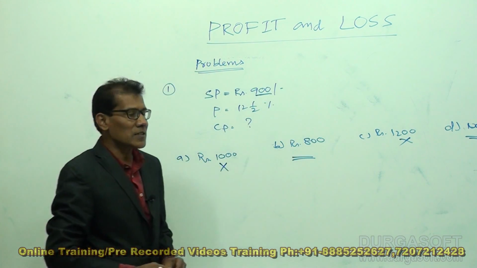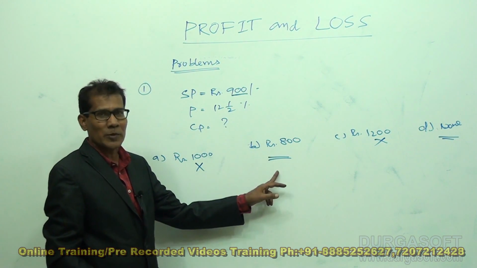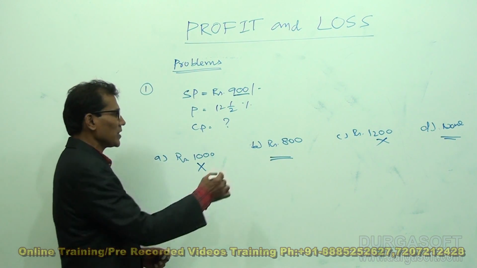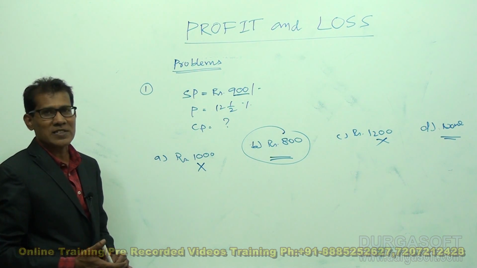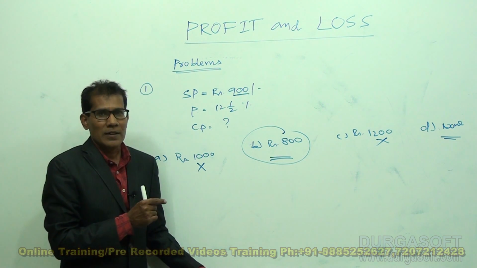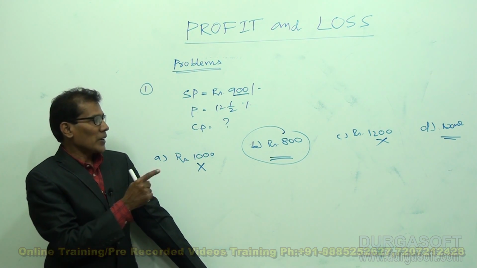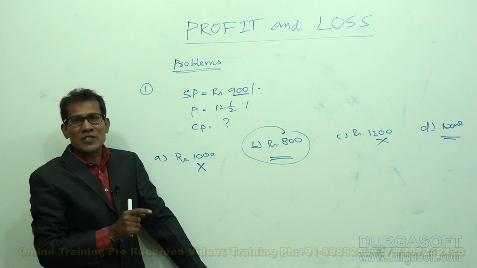So in this case, we just cross check with 800. If this is matching with the question, it is going to be the right answer, otherwise it is going to be none. Then how are you going to cross check with this 800? It is very clear that the profit percentage is 12.5%. We came to know about the 5 points. One of them is, the profit percent is calculated on which amount?